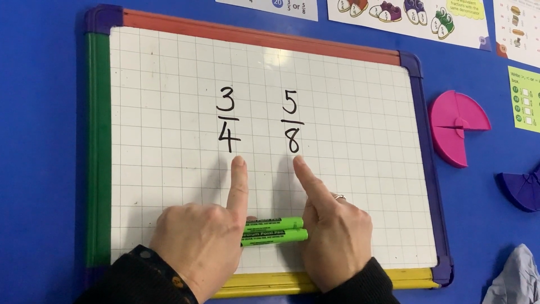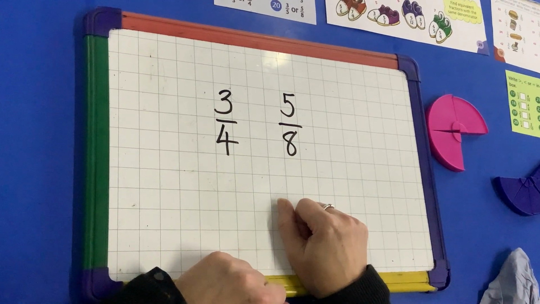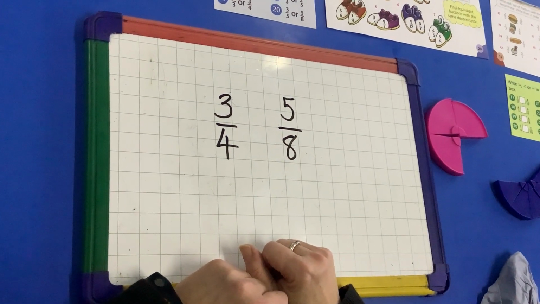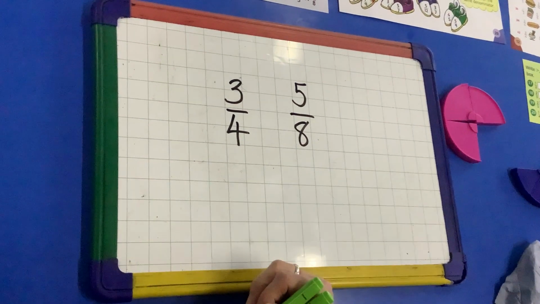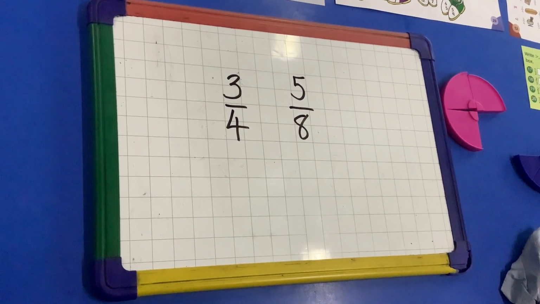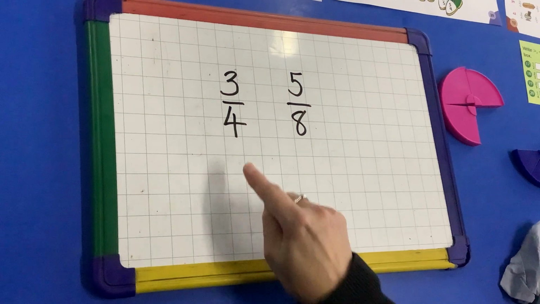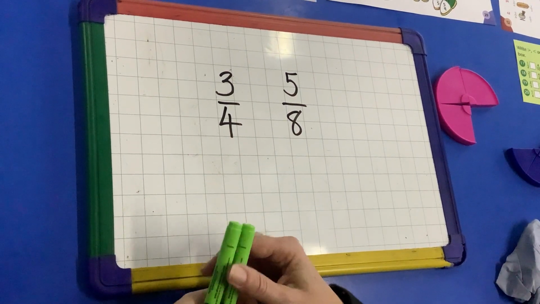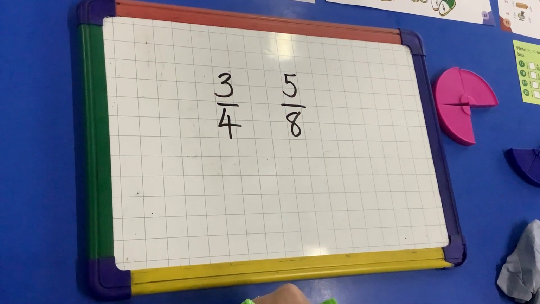So I've got a denominator of 4 here, quarters, and a denominator of 8 here, eighths. I'm looking at my fractions and I'm thinking, could I make it so that my denominators are the same? Well, I could, because I could make this 3/4 into eighths.